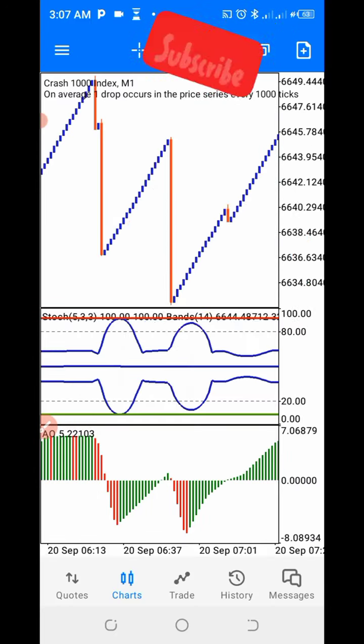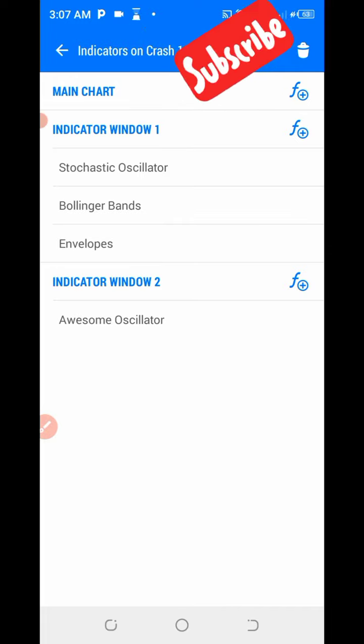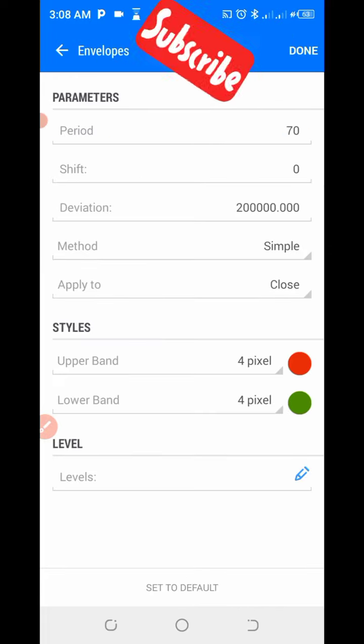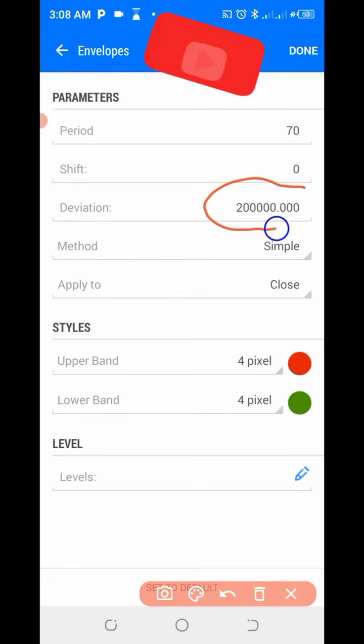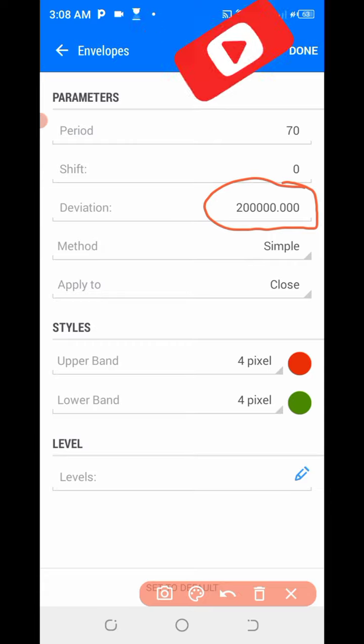The last indicator we'll be using is this envelope indicator. The period is 70, shift is 0, deviation is 2, method is simple, apply to close. For those that are very conversant, you observe that the deviation we are using for both our Bollinger Band and our envelope is the same.